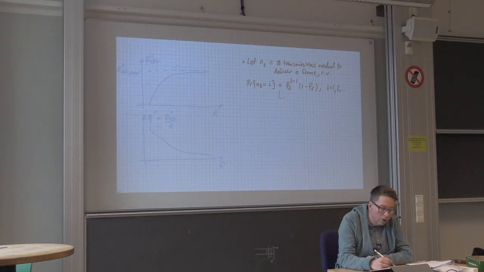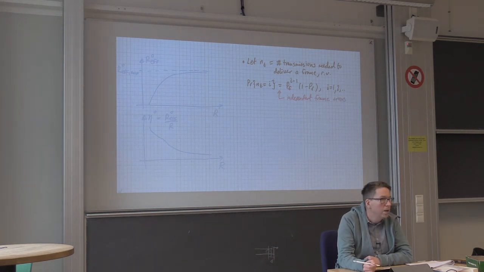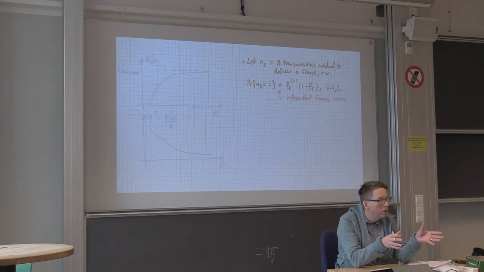This equality is under the assumption that we have independent frame errors, which means that if we have just had a frame error, the next transmission will not be affected by that frame error itself.